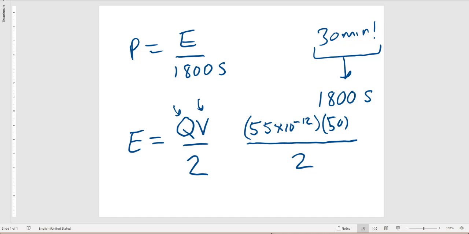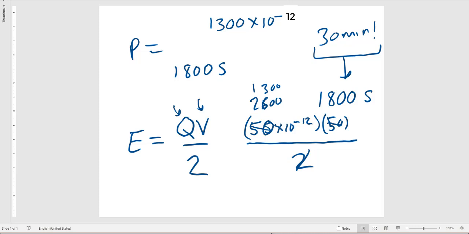So 55 times 50, I'm just going to estimate that's about 50 times 50. 50 times 50 is 2500. Divide by 2. All right, I'm going to pretend that this is 2600 because I changed my 55 to 50. 1300. Okay. I'm going to say this is 1300 times 10 to the minus 12. That's the energy. All right, so I can cross that out and put it there in that place. I have to divide that by 1800 still.